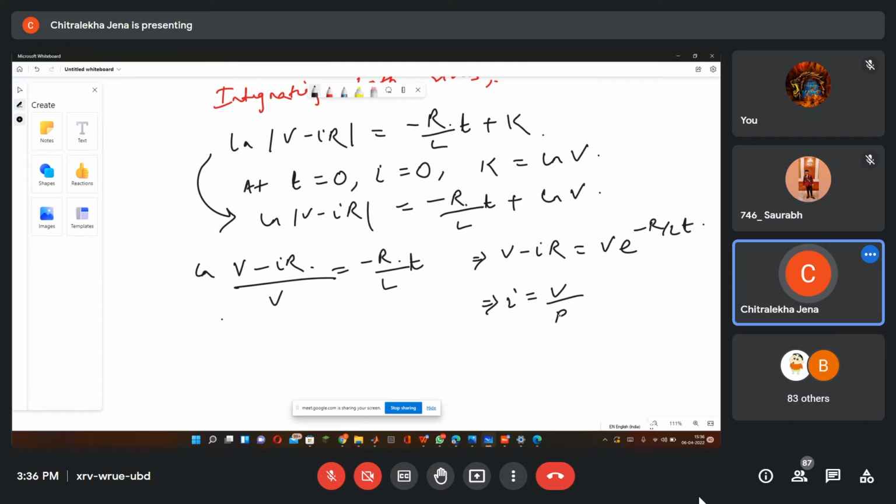V divided by R, 1 minus e to the power minus R by L into T.